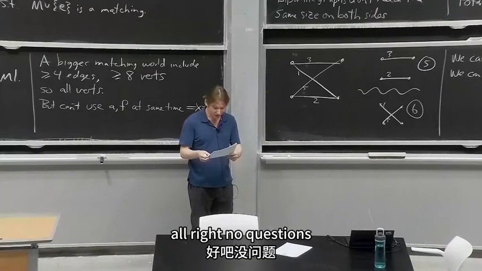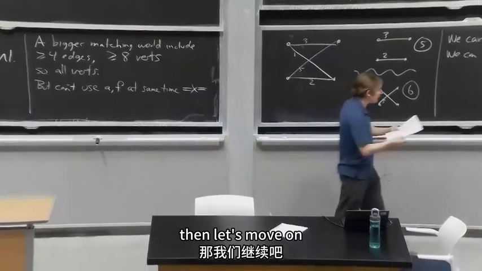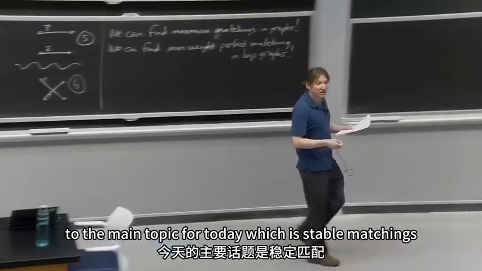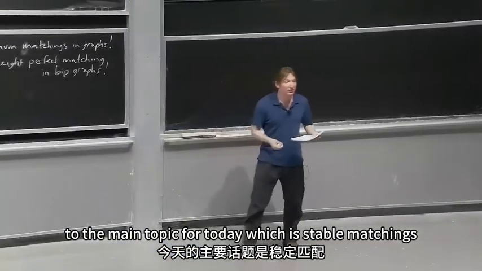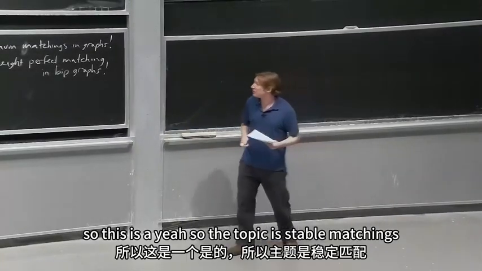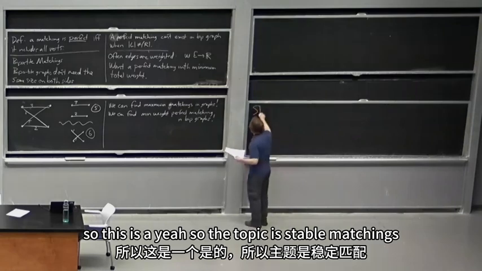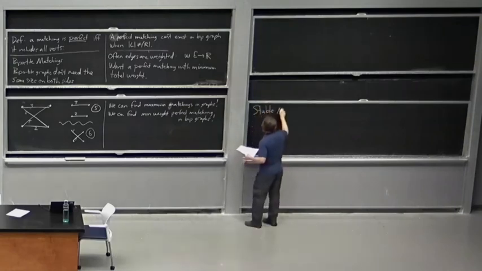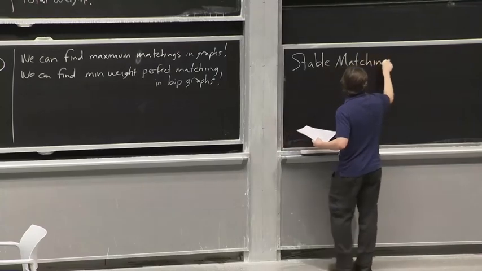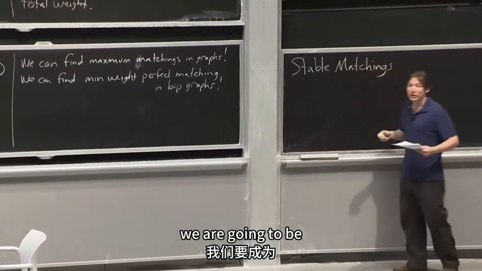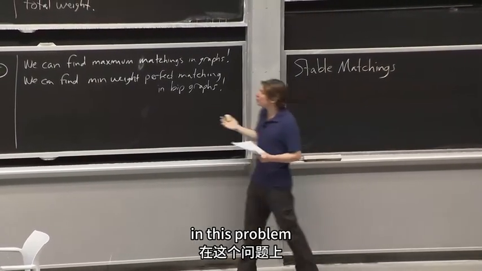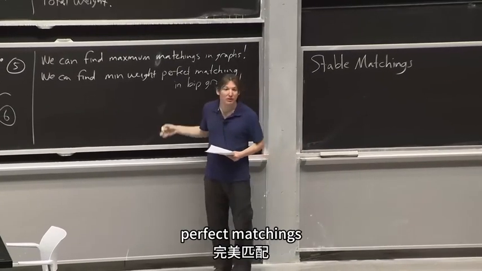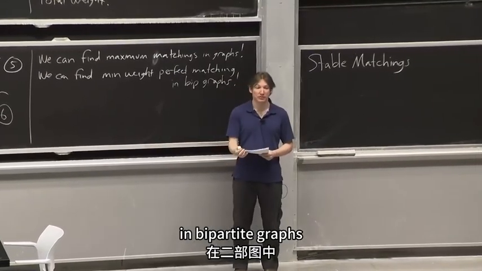All right, no questions. Then let's move on to the main topic for today, which is stable matchings. In this problem, we're going to be looking for certain kinds of perfect matchings in bipartite graphs.